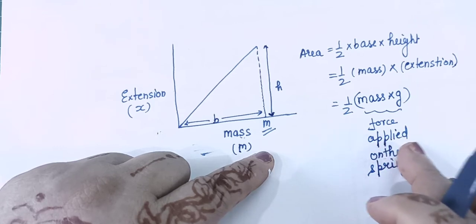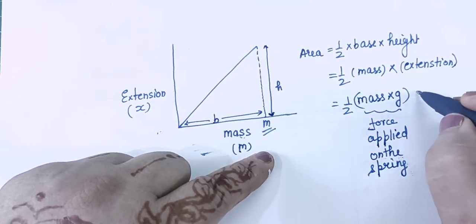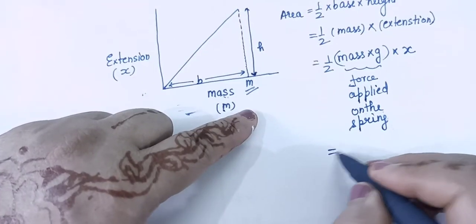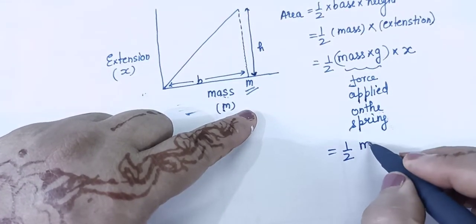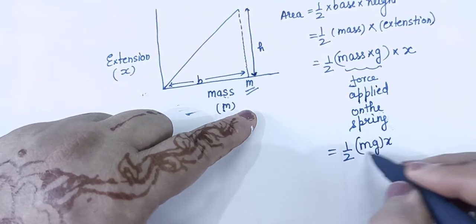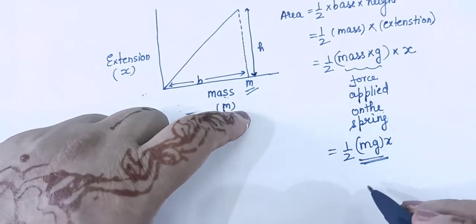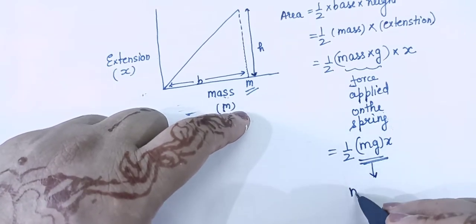Force applied on the spring into extension, that is x. Now half mgx. Now force applied on the spring is equal to restoring force.